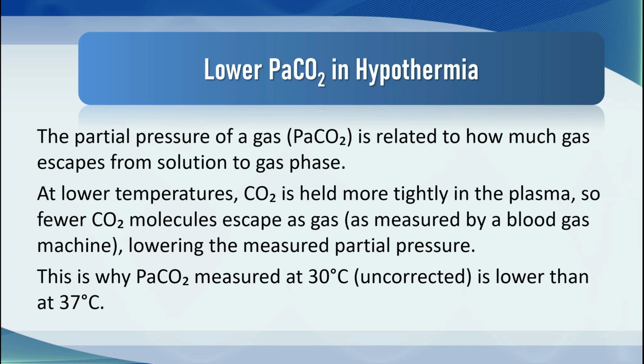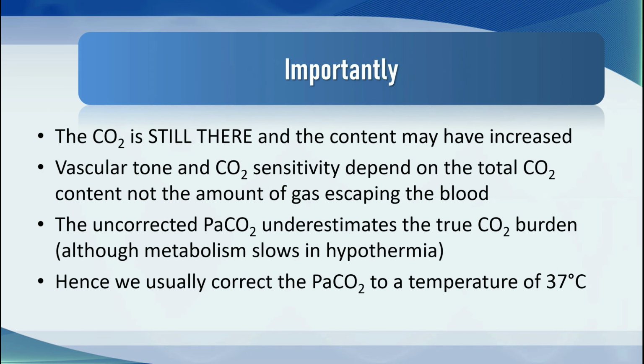This lowers the measured partial pressure, and that's why the PaCO2 measured at 30 degrees uncorrected is lower than at 37 degrees. But importantly, the CO2 gas that is dissolved in the blood and extracellular fluid is still there, and indeed the content may have increased.